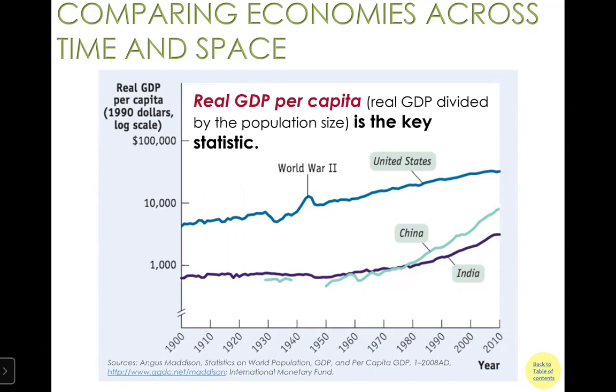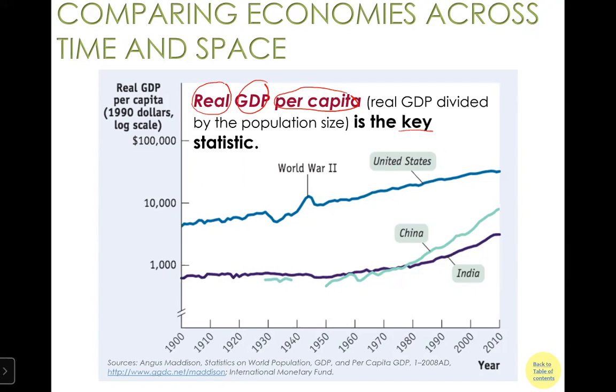First, a measure of goods and services, which is GDP. Secondly, we factor in price change or price difference, which is real. And finally, we look at the per capita term, which just normalizes by population.